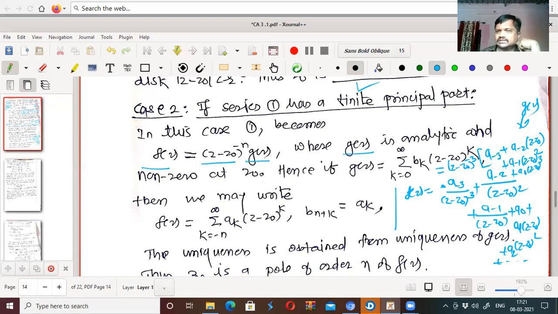and non-zero at z0. It is analytic and non-zero at z0, because if we take z tends to z0, this has a non-zero part, a minus 3.